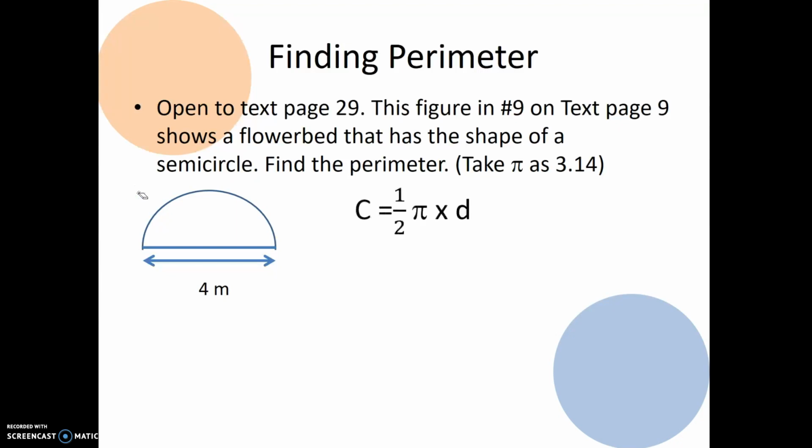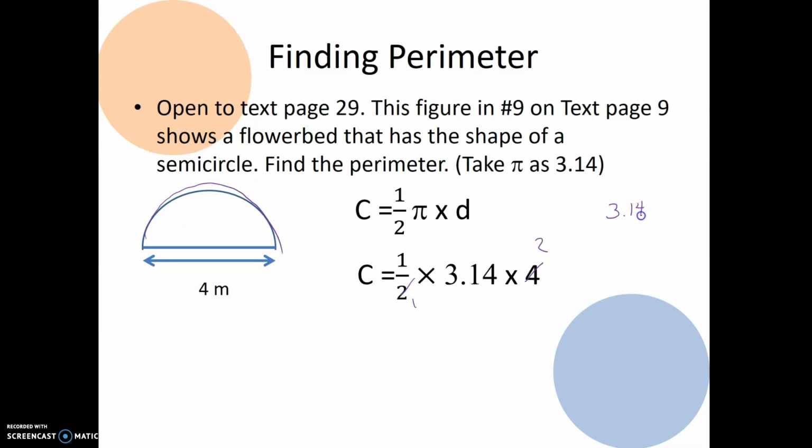Okay, so we're going to find the circumference of a semicircle first. So we're going to multiply 1/2 times pi times diameter. We're multiplying 1/2 times pi times diameter because we're only finding half of the circle. So we'll set that up, and let's cross that 2 off and cross cancel there with that 4. So we're left with circumference equals 3.14 times 2.